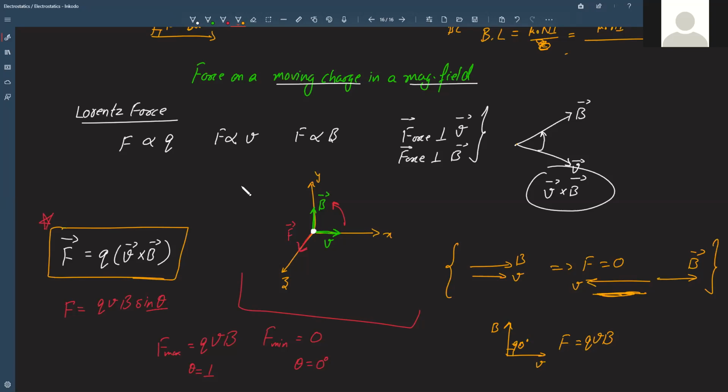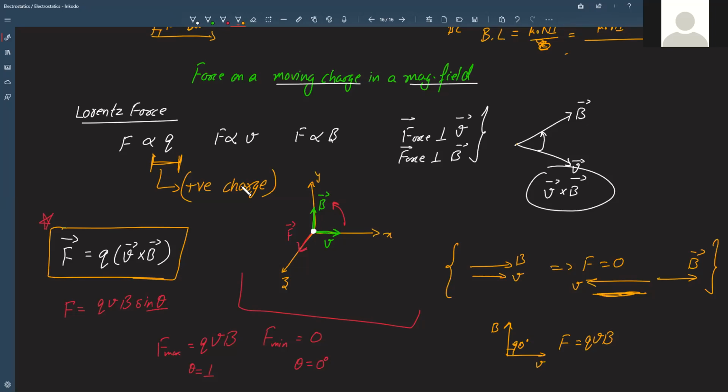And one thing you have to be aware of is that this Q is a positive charge. So it is the direction of the positive charge. And that's why the velocity can also be the direction of current.